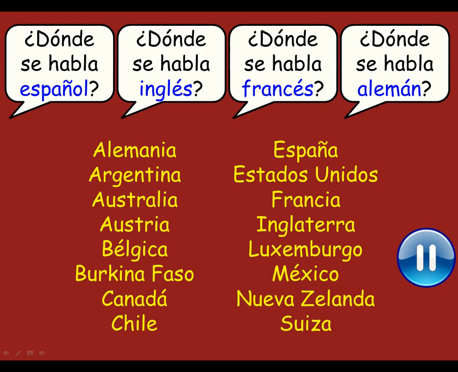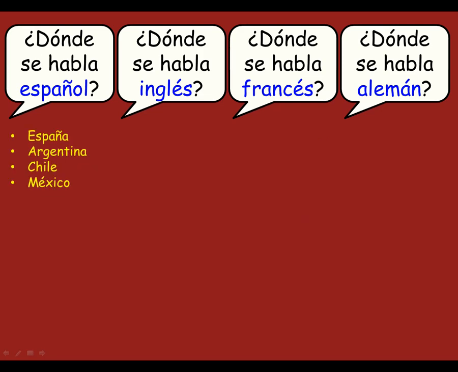We're going to start with Español. So the 4 countries that you needed for Español were España, Argentina, Chile, and Mexico. I hope that you remembered those from reading the poem about Spanish-speaking countries last time. Then the next one we needed 4 for ¿Dónde se habla inglés?